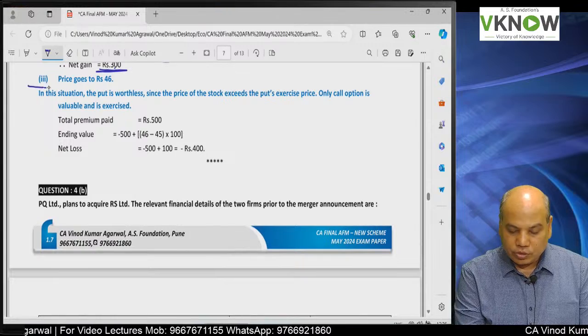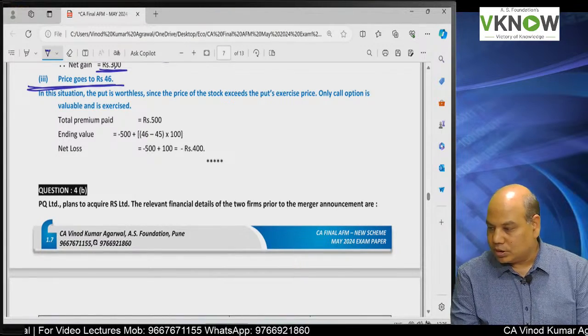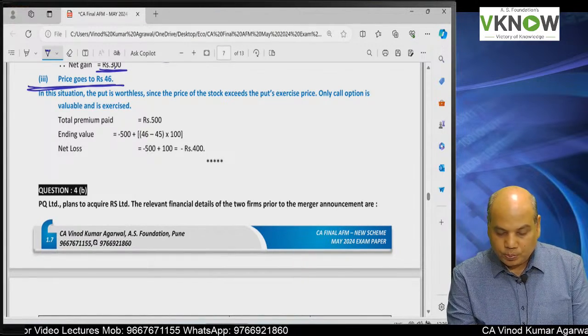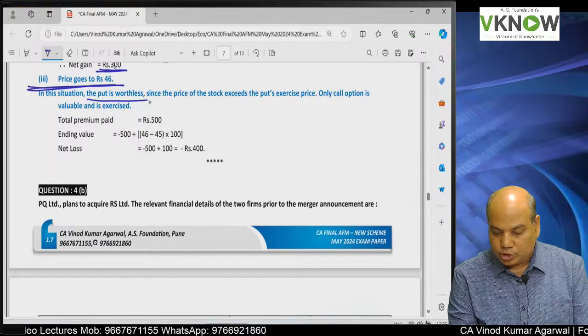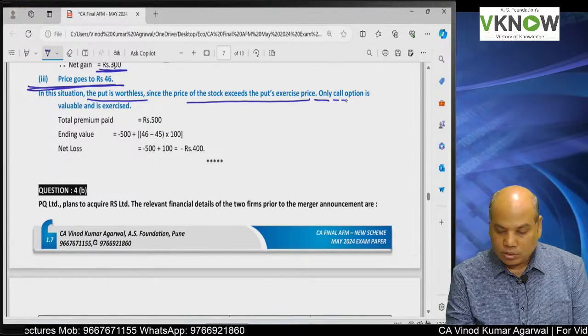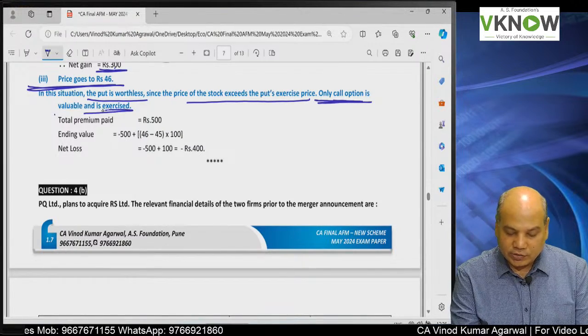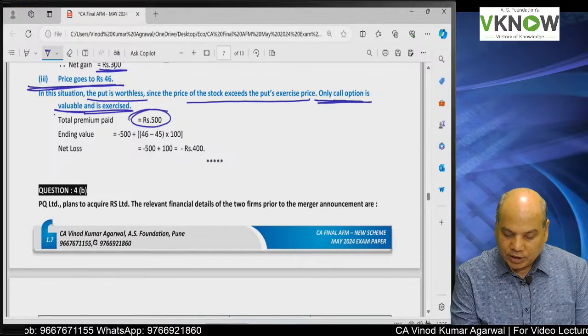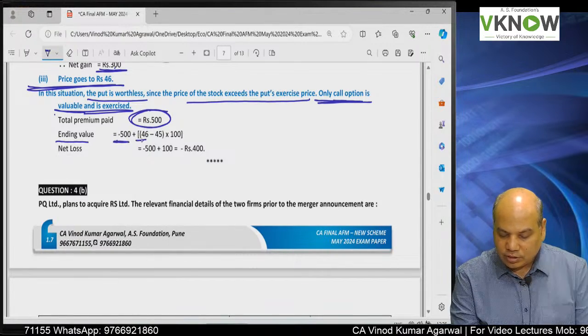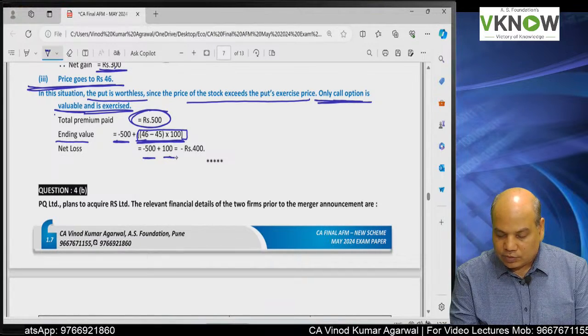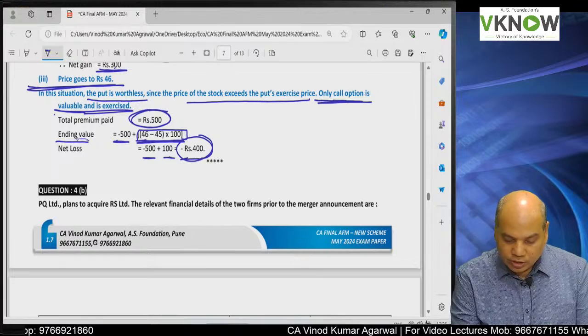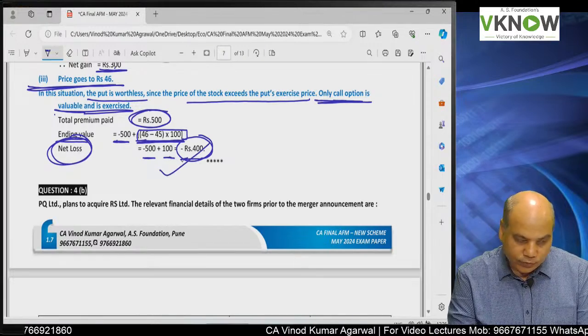And if the price goes to 46, put is worthless. Put will not be exercised, but call will be exercised. Total premium paid remains 500. Ending value will be minus 500, and profit on call option 100 rupees. Still we will have a net loss of 400 rupees.